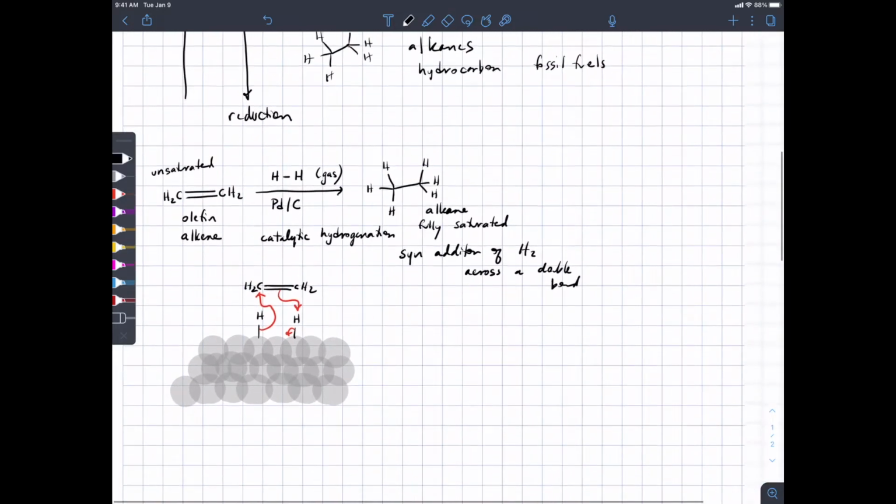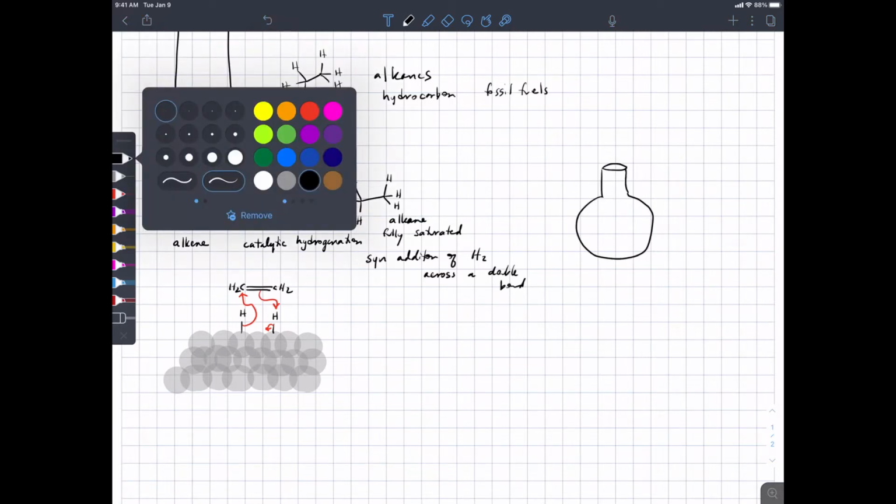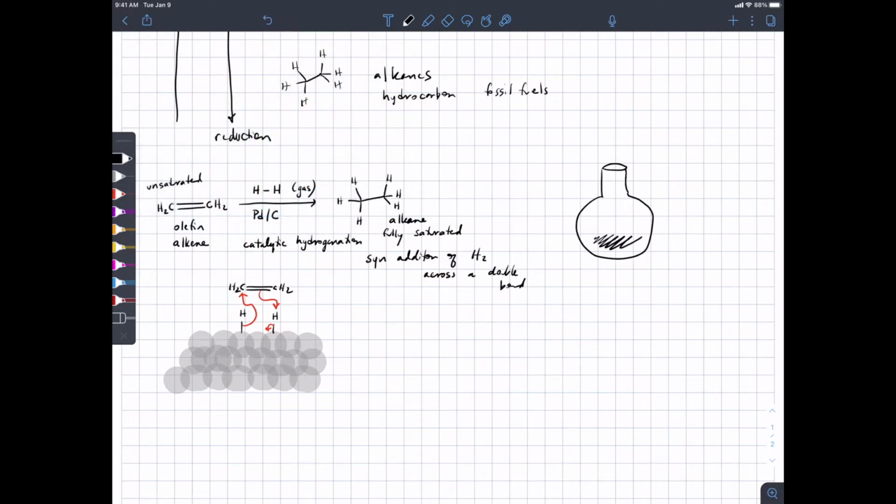How does this work practically? How do you get hydrogen gas in a flask? I'll just draw the setup for you. You have this round bottom flask, and at the bottom of the flask, you have the palladium on carbon. And then you have your solvent, whatever it is.